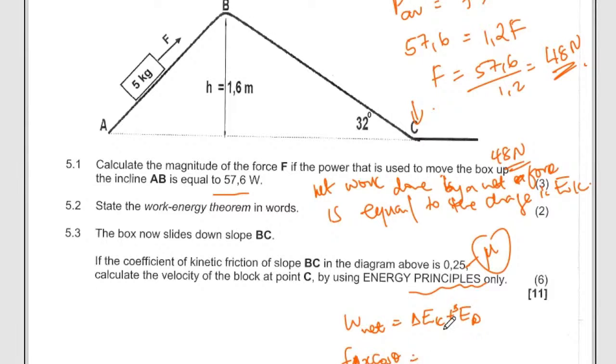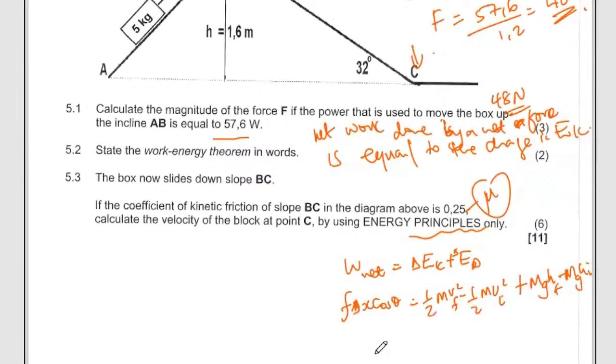This is equal to the change in EK, which is a half m v final squared minus a half m v initial squared, and then the change in EP, which is mgh final minus mgh initial. Something like that.